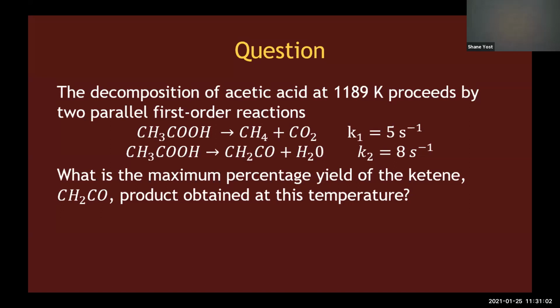So we're going to do this example now, but this type of question, talking about these percentage yields, will pop up again when talking about photochemistry. Photochemistry is all about parallel first order reactions, getting lifetimes of excited states, percent yields of types of emissions, types of decays, and all this other stuff is just related to parallel first order reactions.